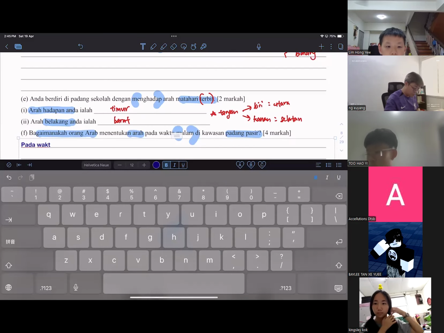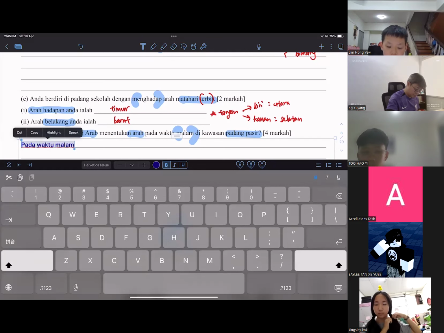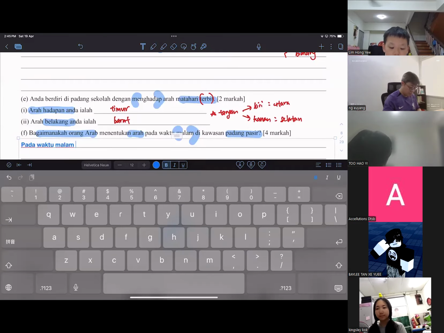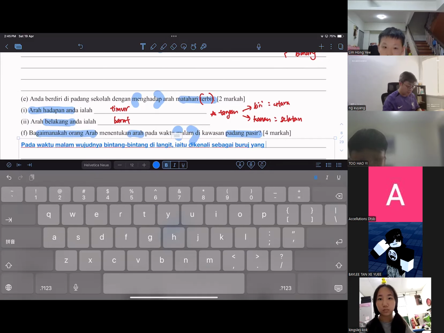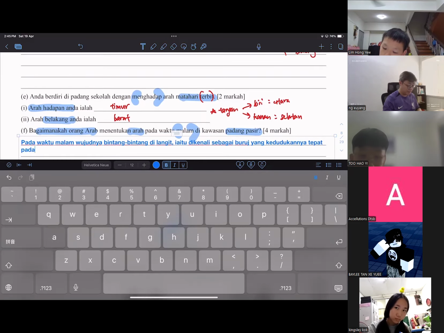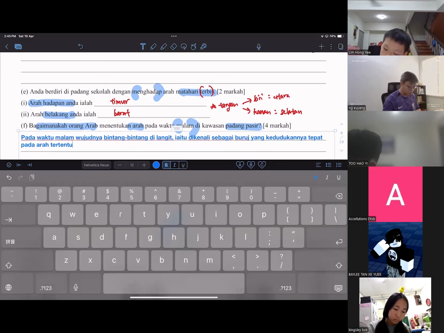Pada waktu malam, wujudnya bintang-bintang di langit, yaitu dikenali sebagai buruj yang kedudukannya tepat pada arah tertentu.